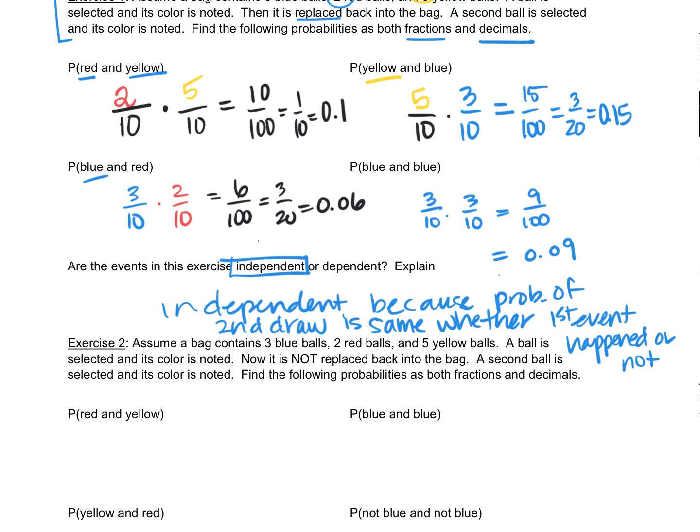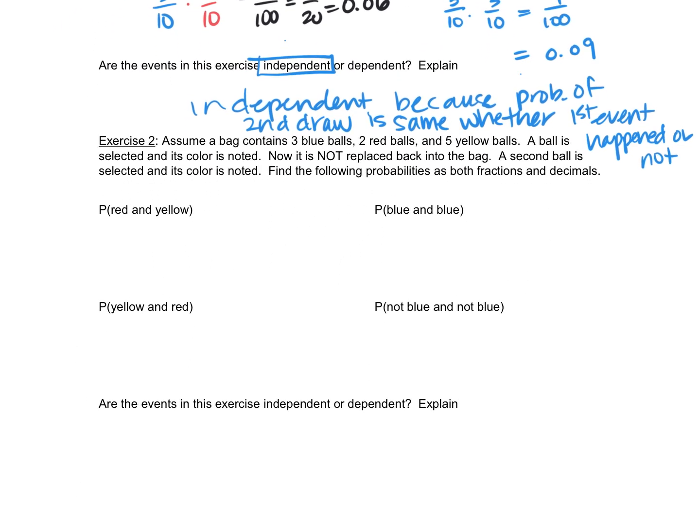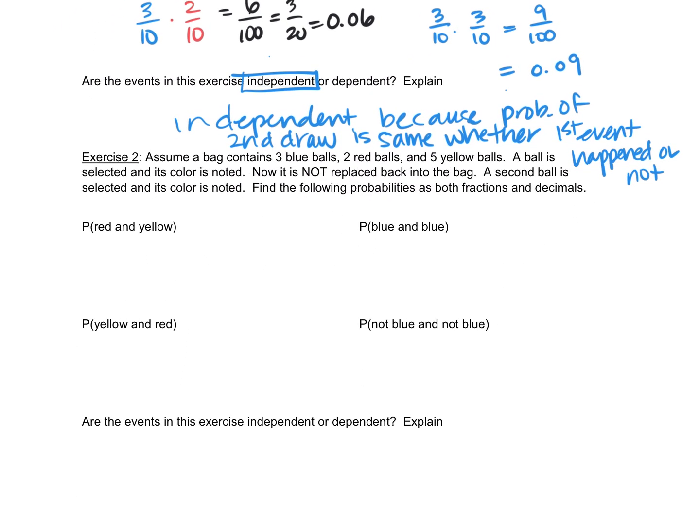All right, for exercise number 2, we're going to assume the bag contains 3 blue marbles, 2 red balls, and 5 yellow balls. So same situation there, but now it's going to not be replaced back in the bag. All right, so let's see what that means. We have the probability for this first one of red and yellow.